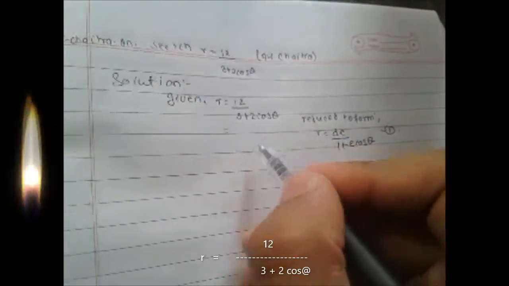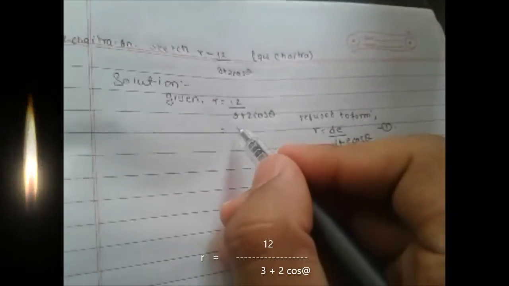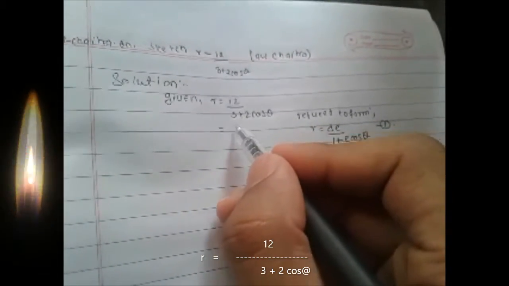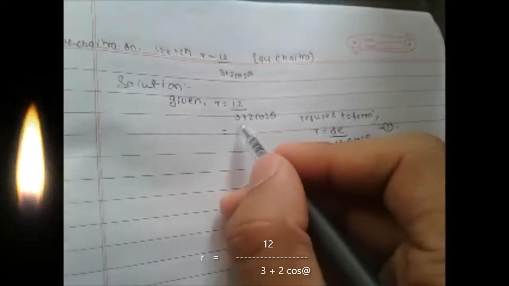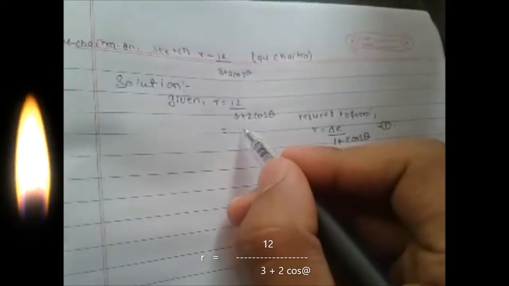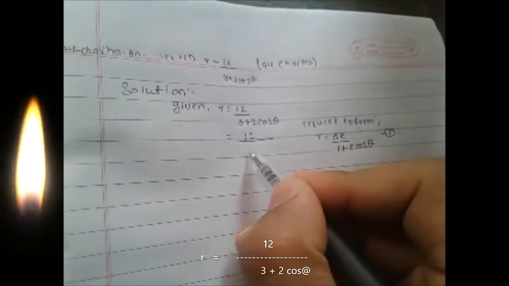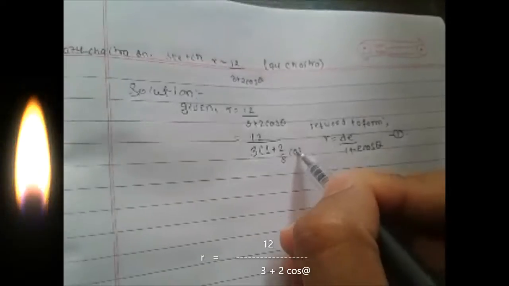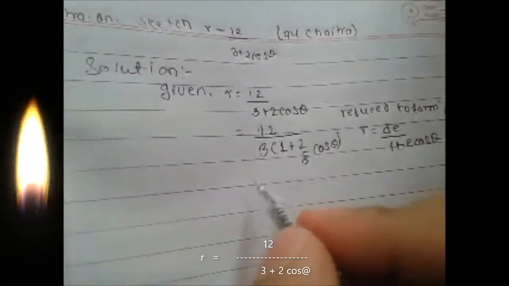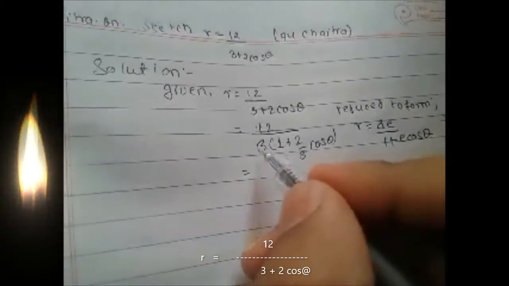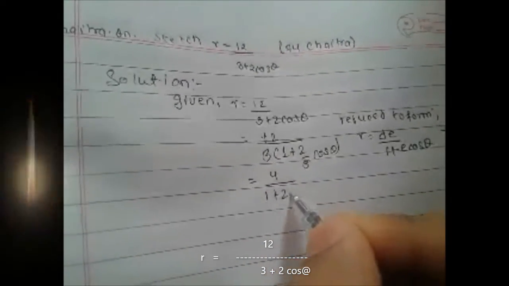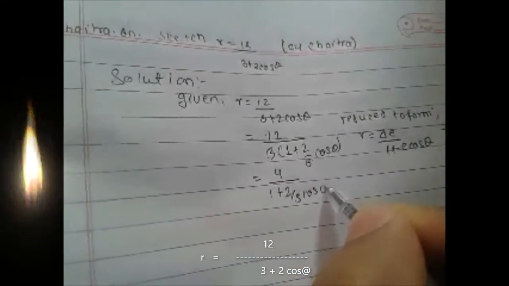This 3 must be converted into 1. How can we do it? By dividing by 3, or we can take 3 out. 12 by 3 times 1 plus 2 by 3 cos theta is equal to 4 upon 1 plus 2 by 3 cos theta.